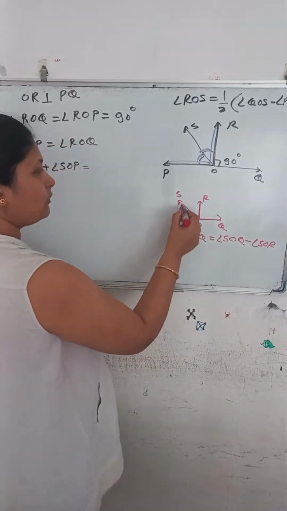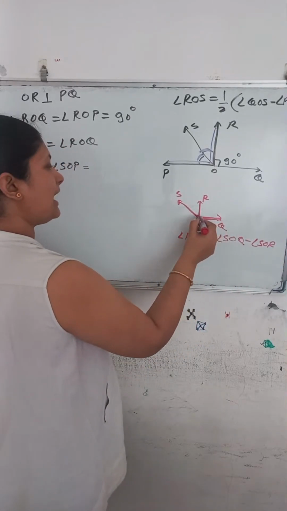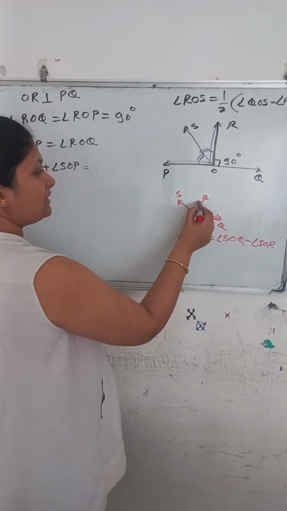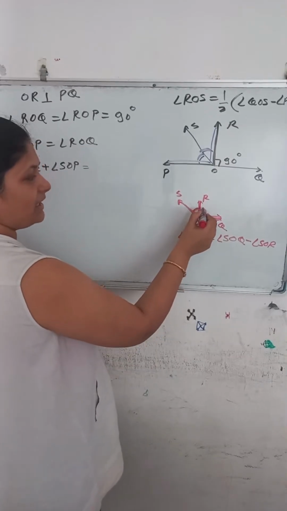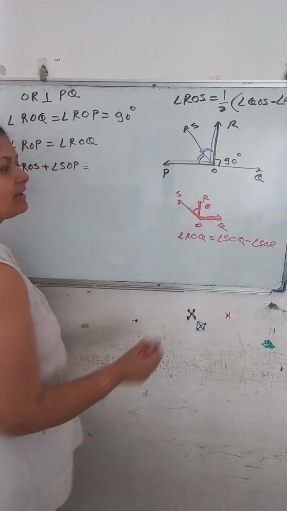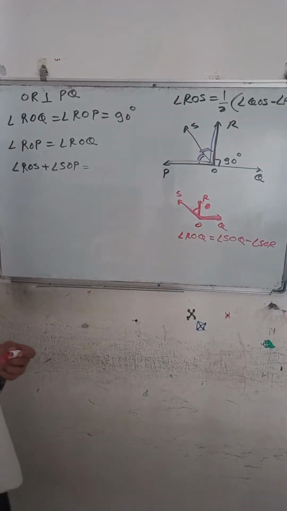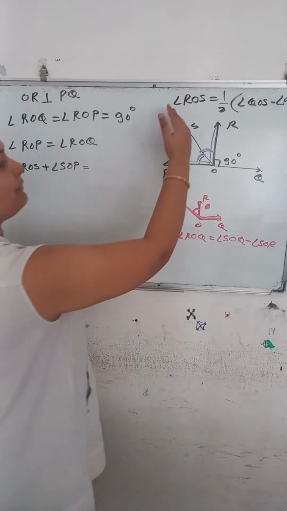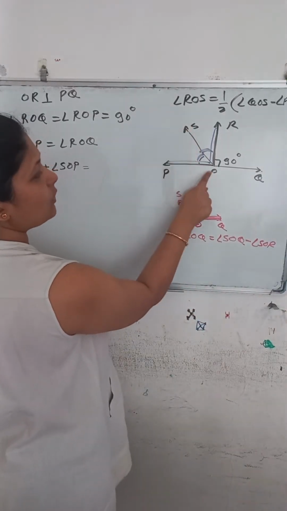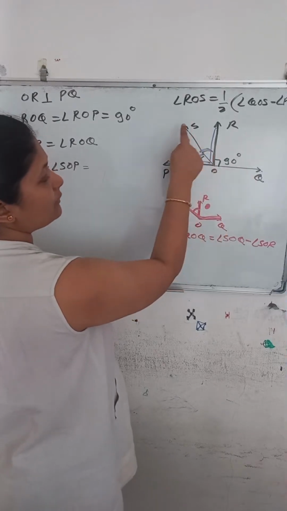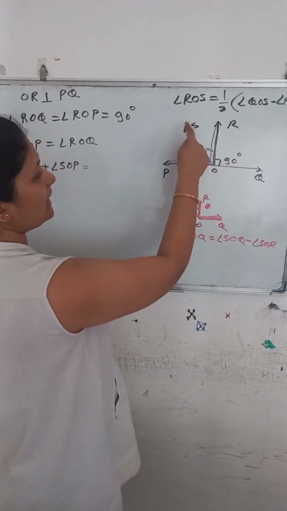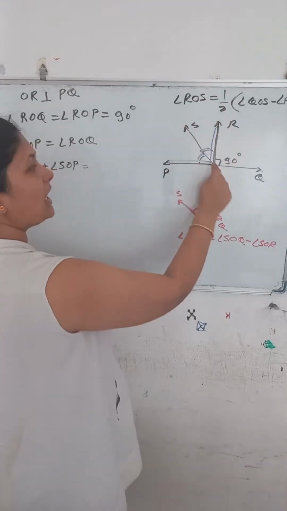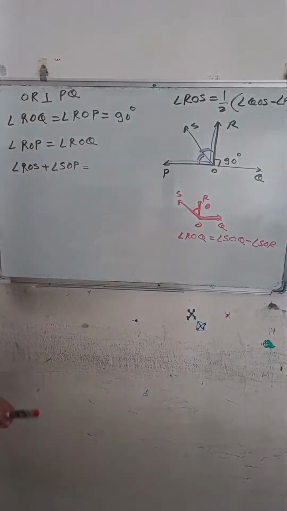If I consider this total angle SOQ and subtract this small angle, then I again get the same angle ROQ. Getting this?